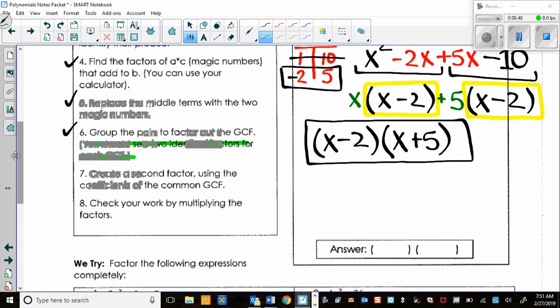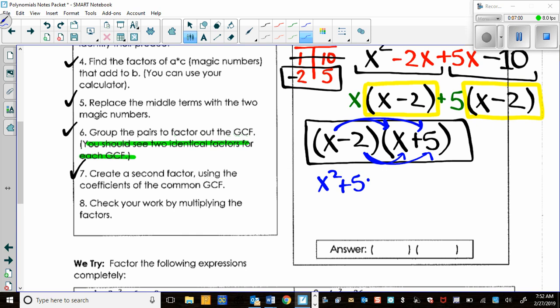And the way you can check it, step 8, is to just FOIL. If I were to FOIL this out, let me show you what that looks like quickly. You will get x squared plus 3x minus 10, which was the original problem.